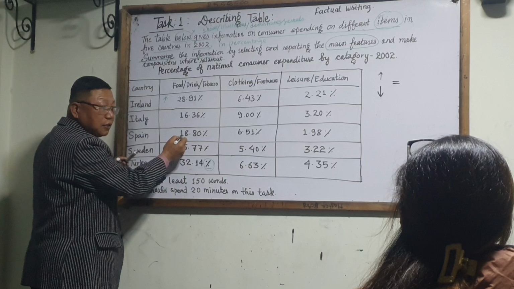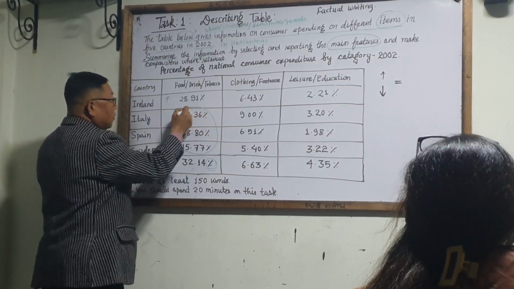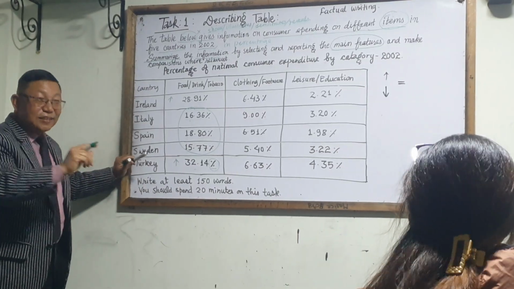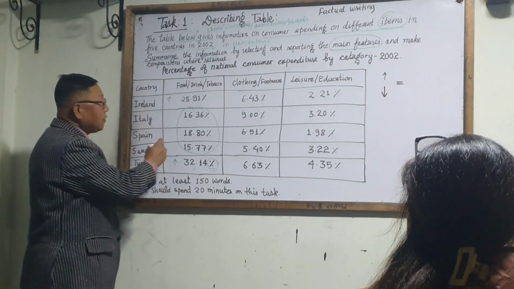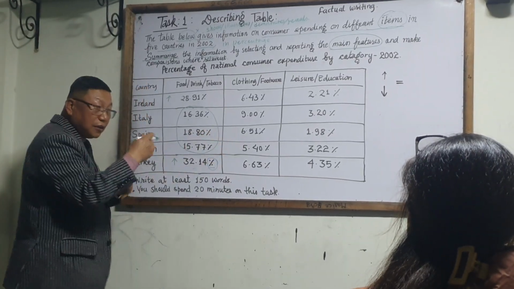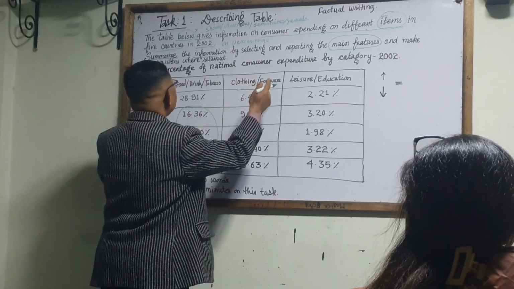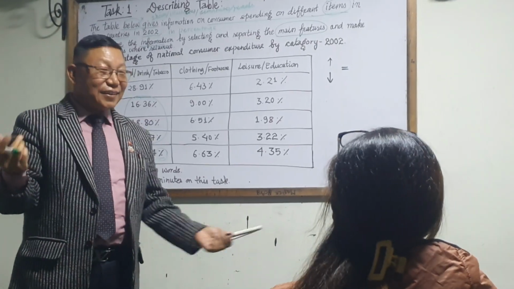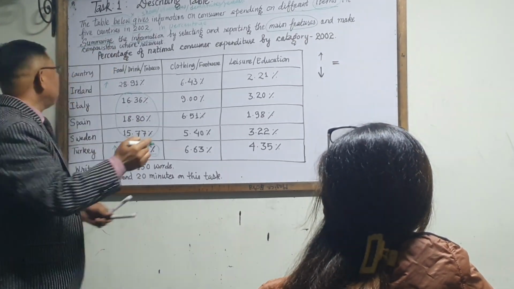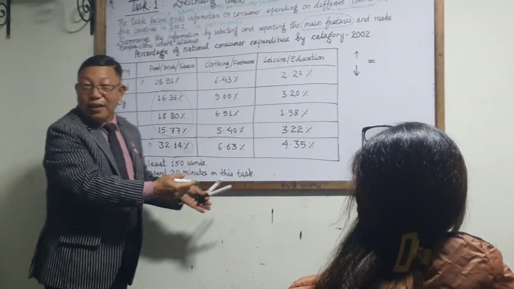So you can write in a single sentence that Italy, Spain and Sweden had nearly the same spending on food, drinks and tobacco. You have to summarize the data, not write all the data.